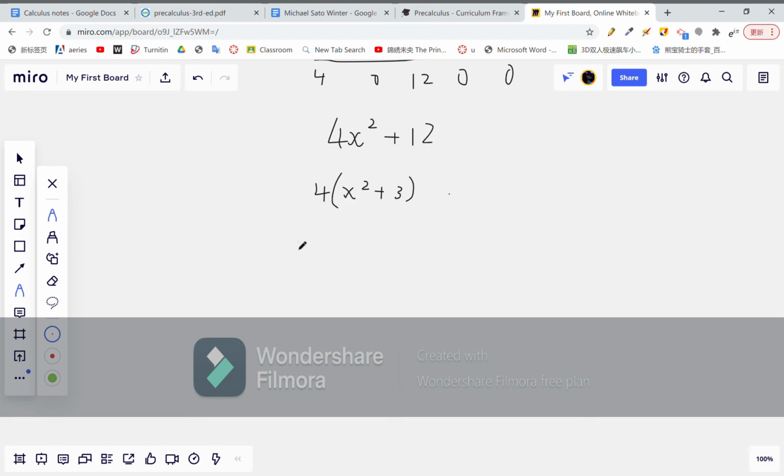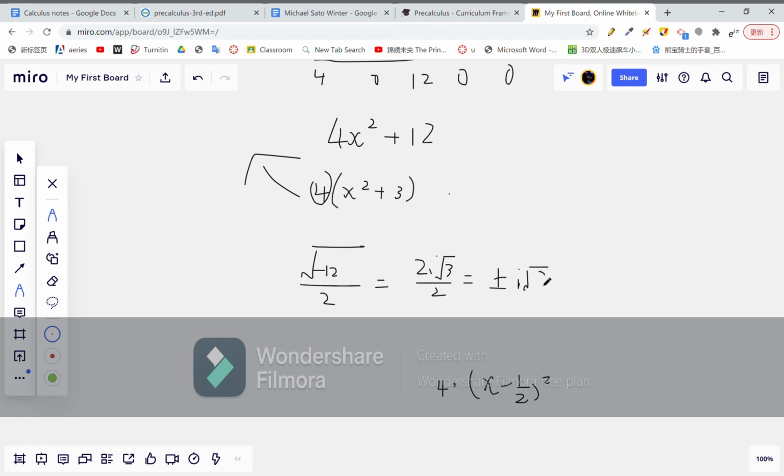Then we put it in the quadratic formula, and we find the roots are 2i root 3 over 2, which equals plus or minus i root 3.